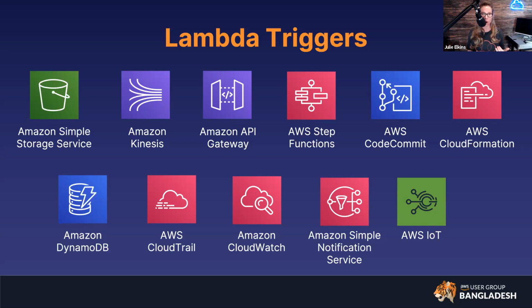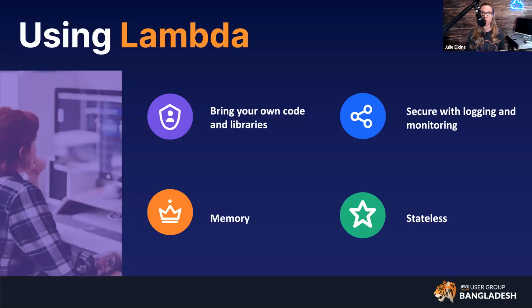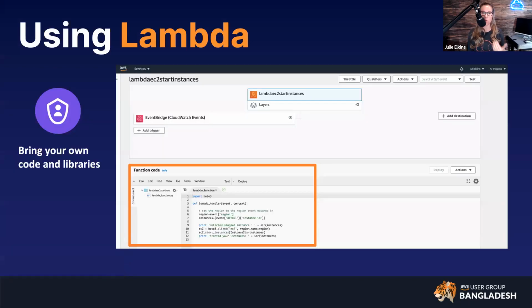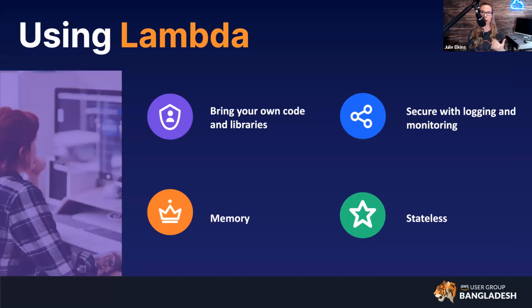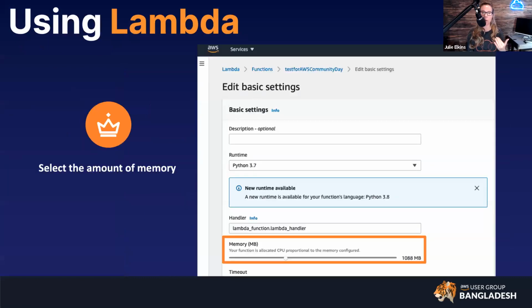So let's continue on and let's take a deeper dive and let's talk about using Lambda. So, the big part of Lambda is that we bring our own code and our own libraries too. We can also select the amount of memory that is needed. And when we choose our memory, we get an appropriate amount of CPU and network to go along with that memory choice.